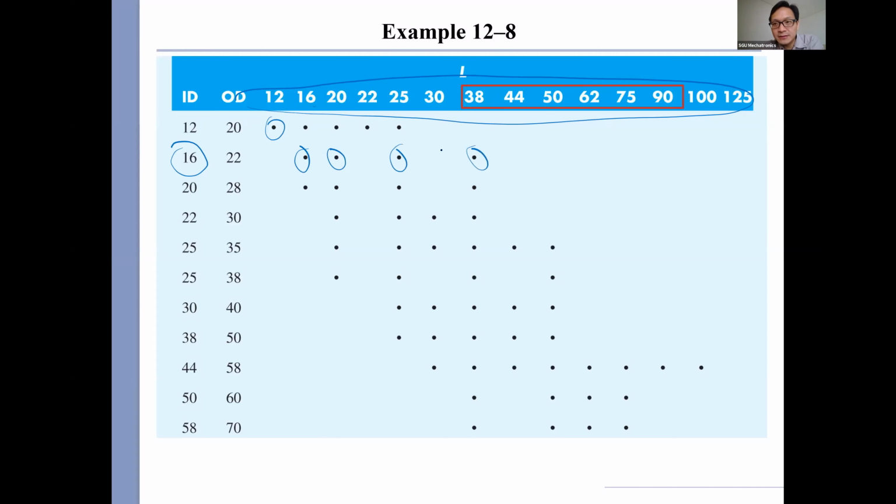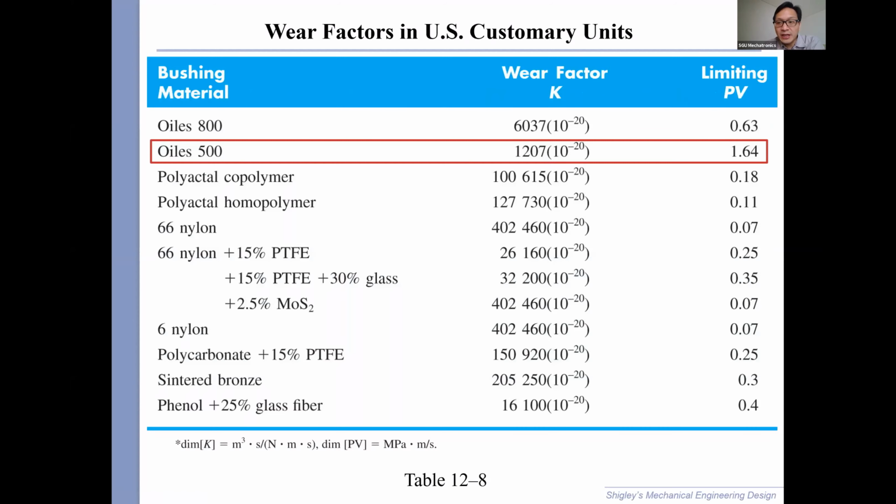That's what it means. All these dots represent the available bushings, which is typical of the real world. You are limited in your options. You cannot just select any size you want.